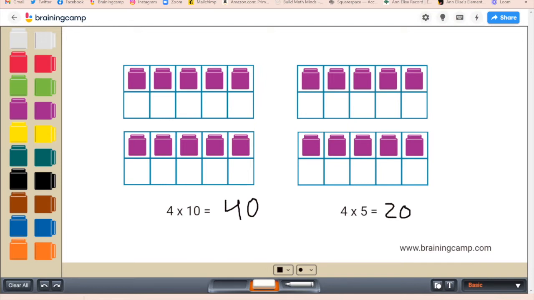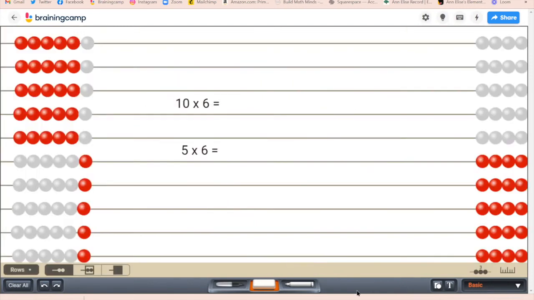So again, we're interpreting this expression as 4 groups of 10, 4 groups of 5. Now, in this interpretation of the expressions, we've got 10 groups of 6. You can see we have these 10 rows on this Rekenrek. I've slid over 6, and I know I did 6 in one slide because of the benchmarking of the 5. The color coding changes at the 5.